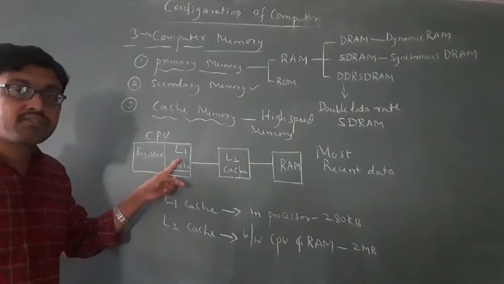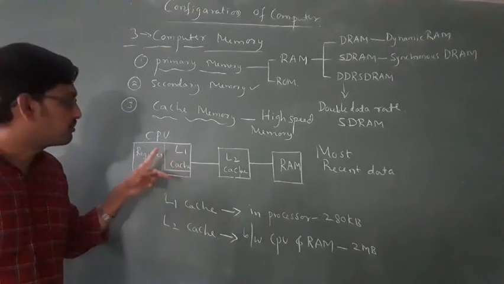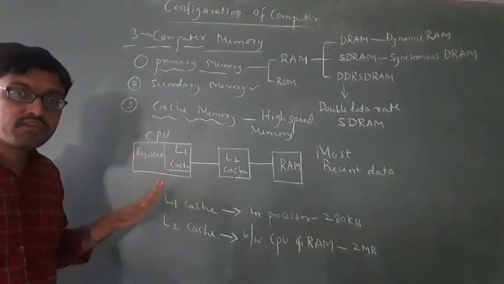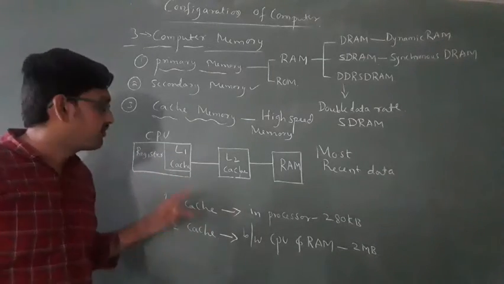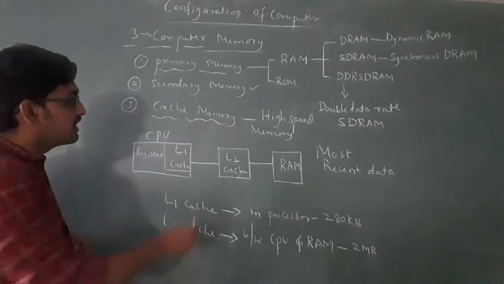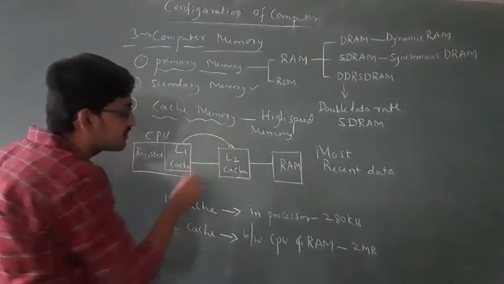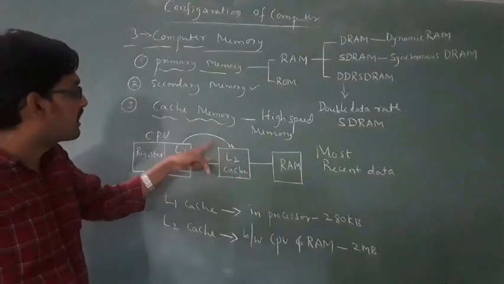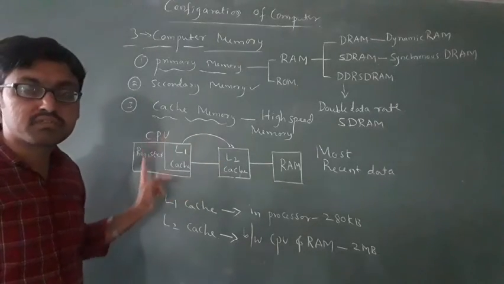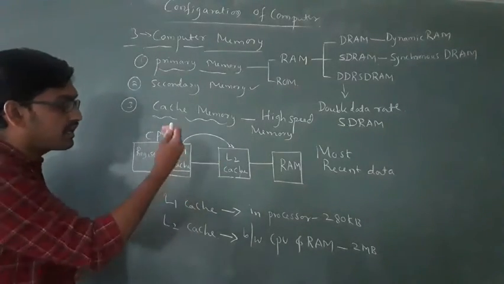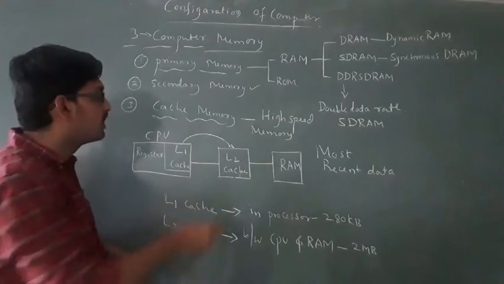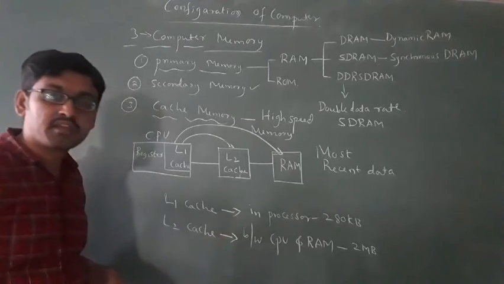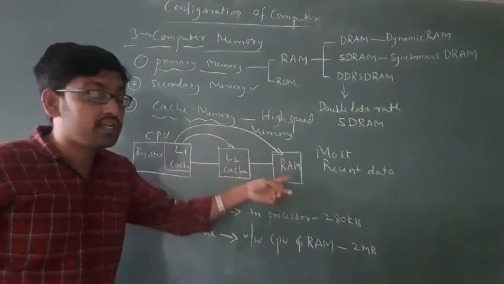If data is found in L1 cache, it processes it. If data cannot be found in L1 cache, then it asks the L2 cache. If data is found, then the data goes to the CPU and it processes it. Okay, if data is not found in L2 cache also, then the CPU asks the data to the RAM.